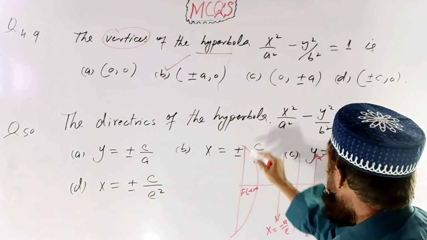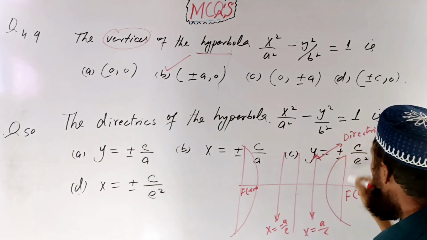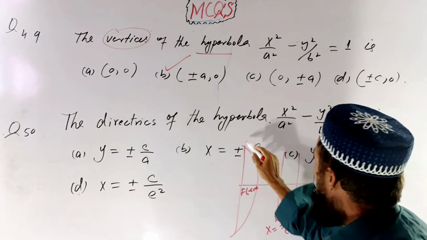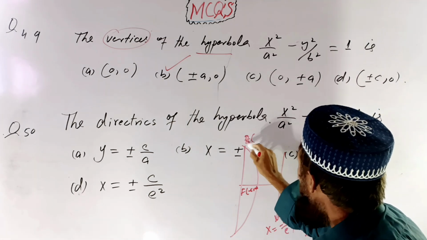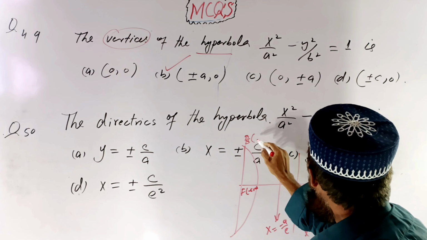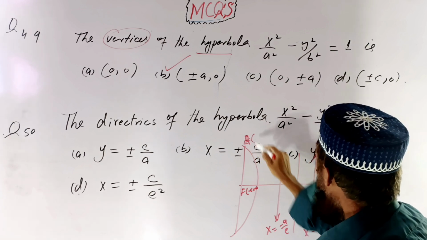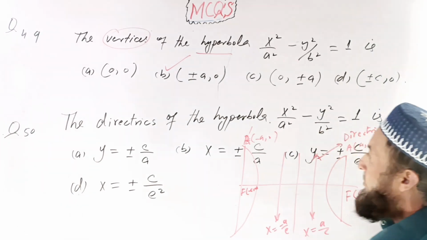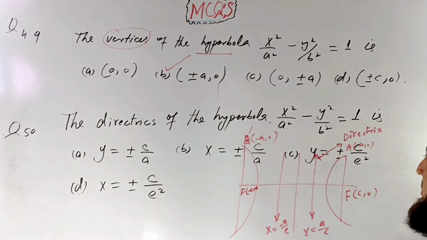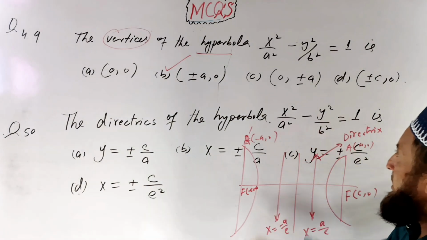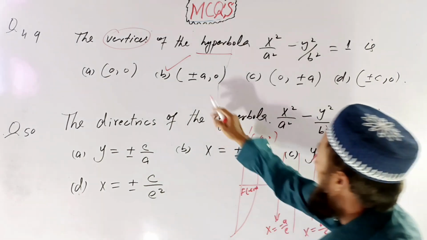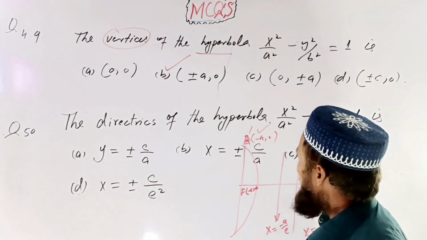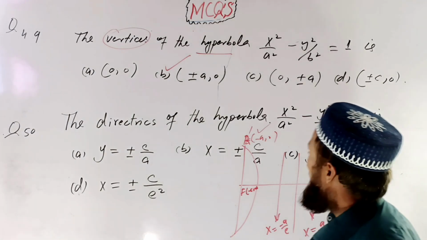And these are the vertices, given the names A and 0, and A dash, minus A and 0. So the vertices along the transverse axis are plus and minus A.